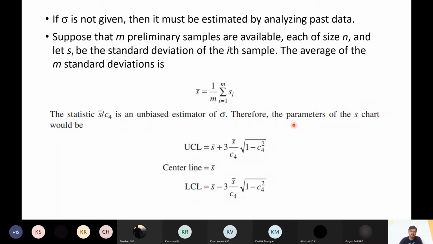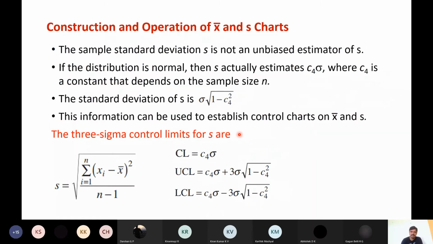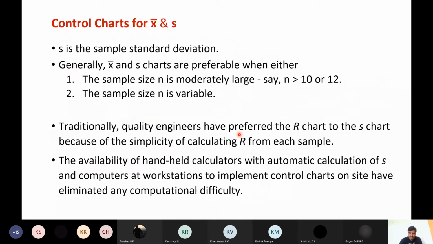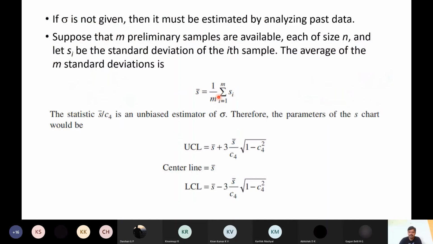Therefore, the parameters of the S chart would be, so S bar is the center line, plus, instead of sigma you are using S bar by C4 in the previous equation. Since in the beginning we got C4 sigma for S, that means S will be equal to C4 sigma, then sigma will be S by C4. Based on that, you have S bar by C4.